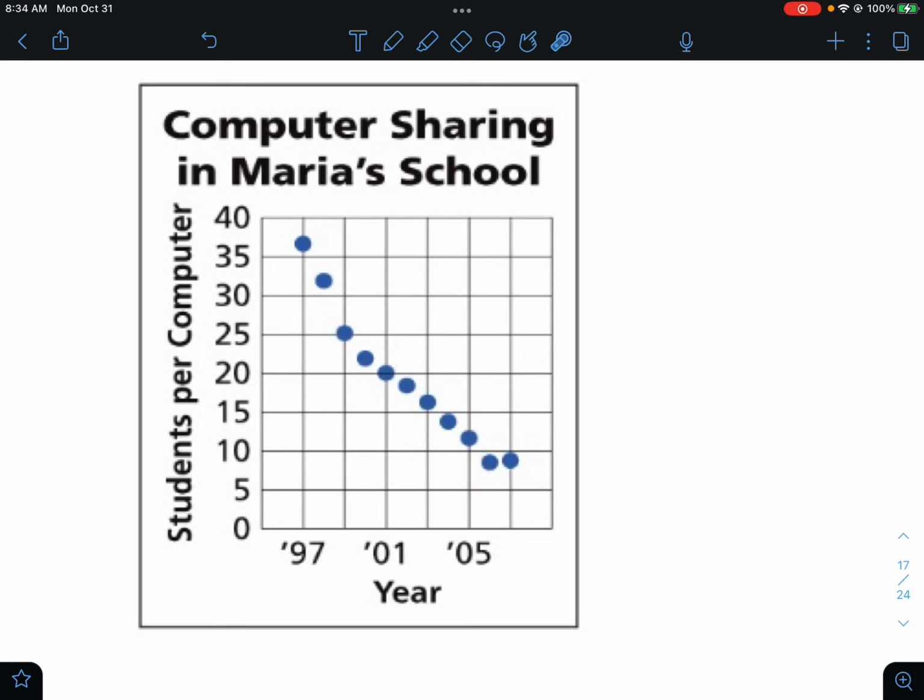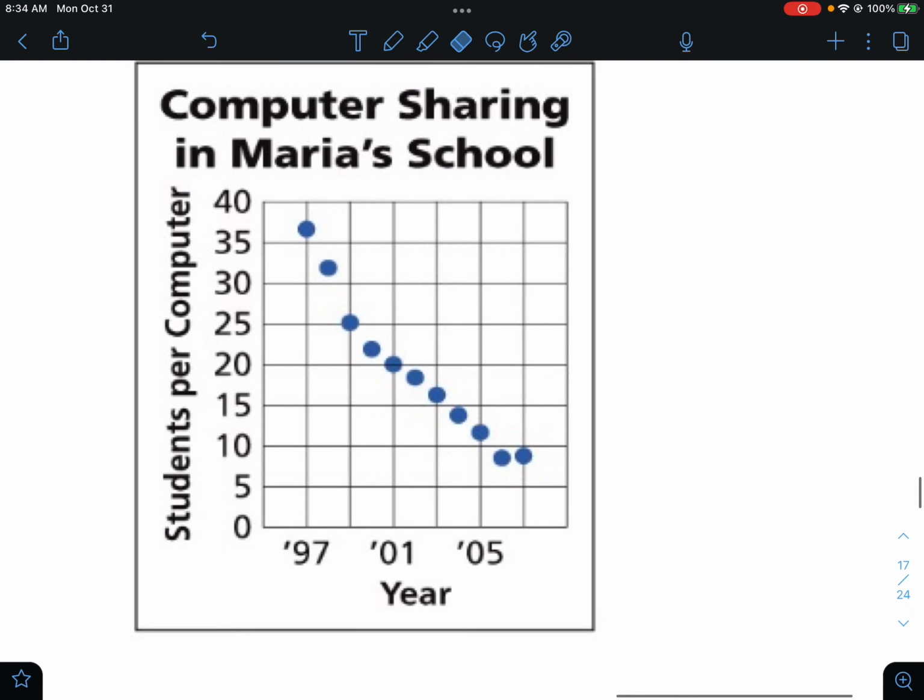And if this is for our school, we would go out here to like 2020, it would be right here at 1 because we are a 1-to-1 school. But I wonder, our graph might have looked like that over the years as well.